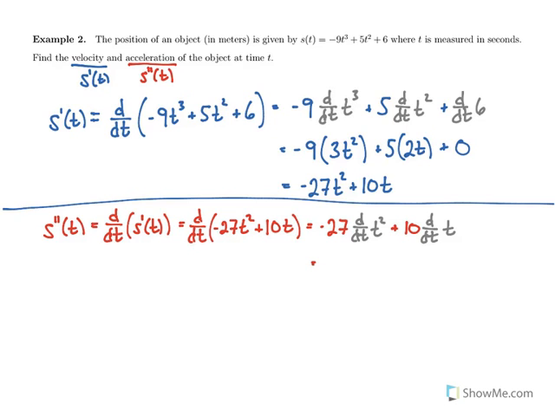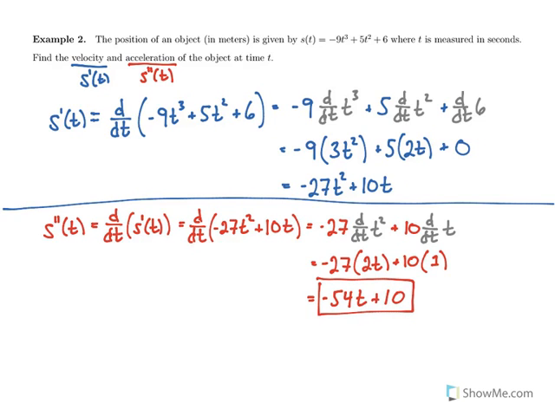And overall, this will give me a negative 27 times 2t, the derivative of t squared, plus 10 times the derivative of t, which is 1. And overall, we get a negative 54t plus 10. And that is, in this case, the velocity and the acceleration for this problem.